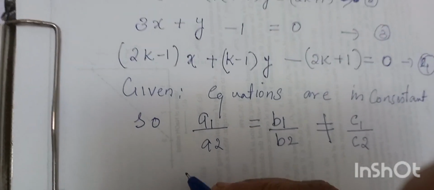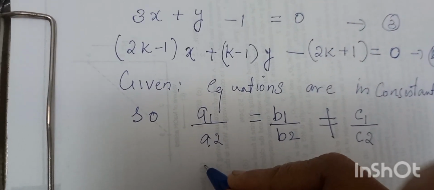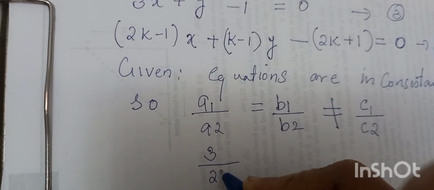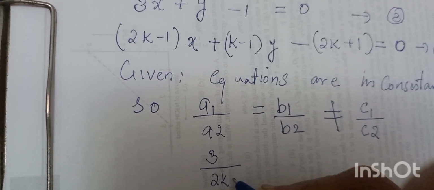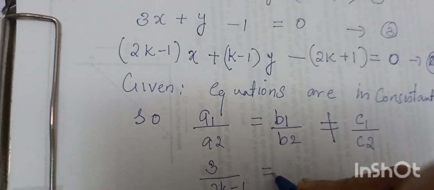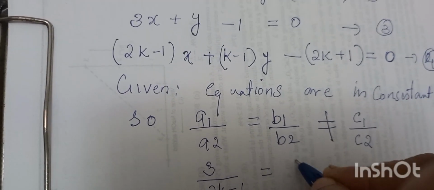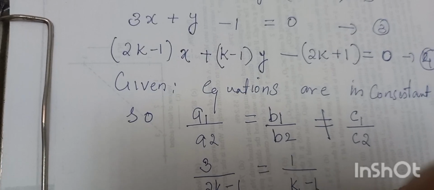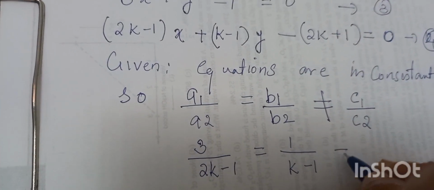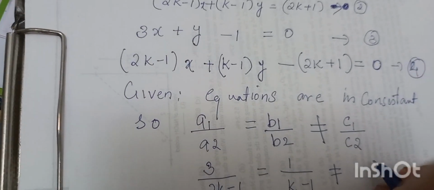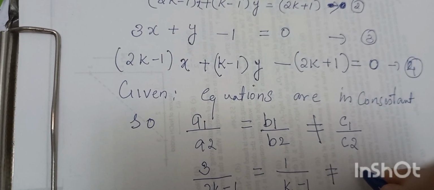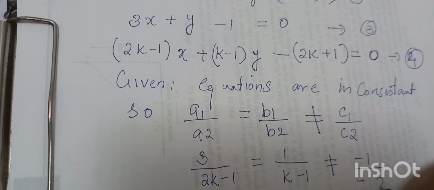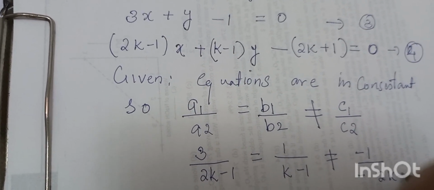So a1 by a2 is equal to 3 by 2k minus 1, is equal to 1 by k minus 1, not equal to minus 1 by minus 2k plus 1.